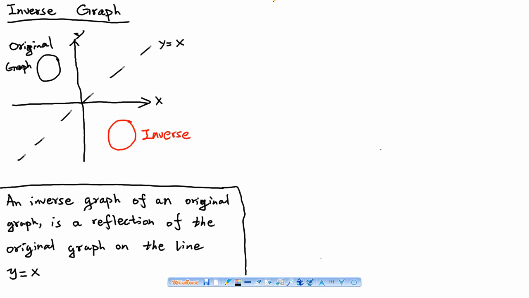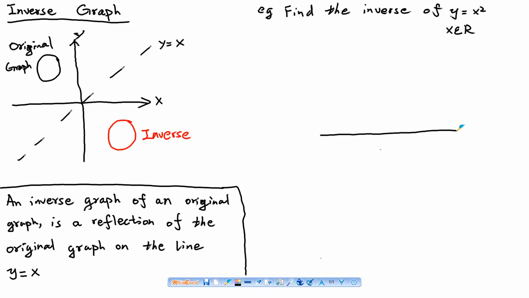So, for example, if someone asks me to find the inverse graph of y equals x squared, and the domain is x belongs to R. Now, what I do is draw the original graph on my axis first.